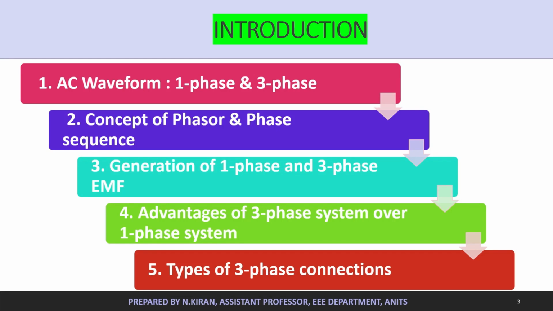Why we need to introduce the concept of phasor in AC analysis. What is phase sequence? How can single-phase AC as well as three-phase AC EMFs be generated practically? What are the various advantages of the three-phase system over the single-phase system, and the various types of three-phase connections?